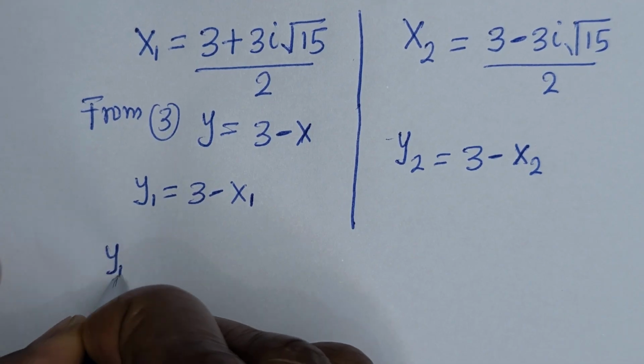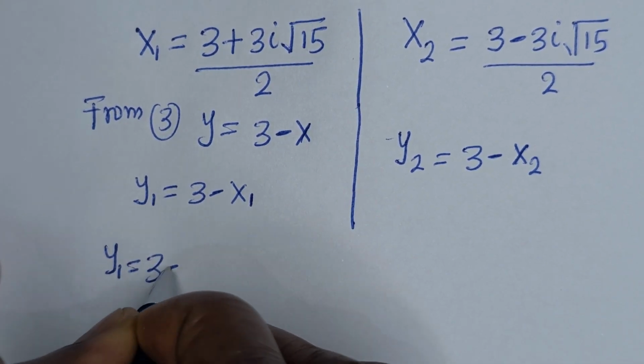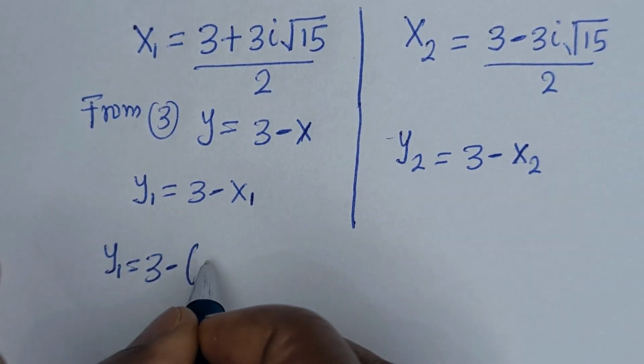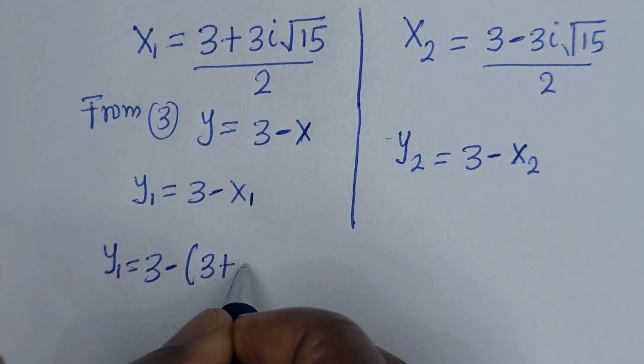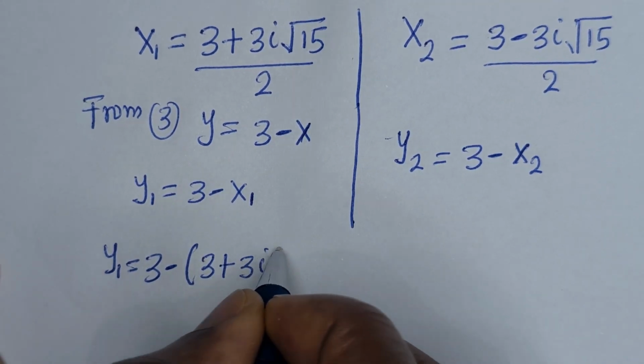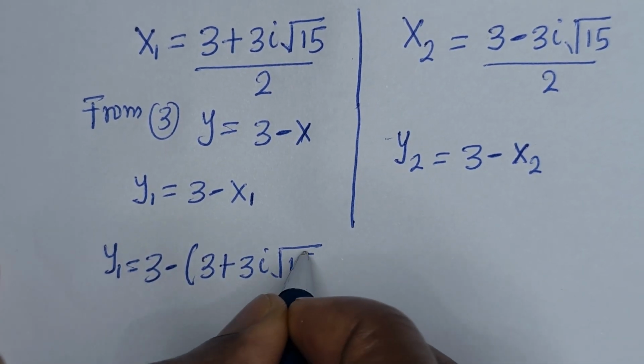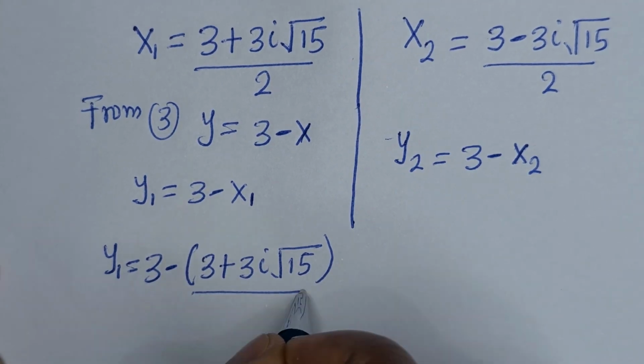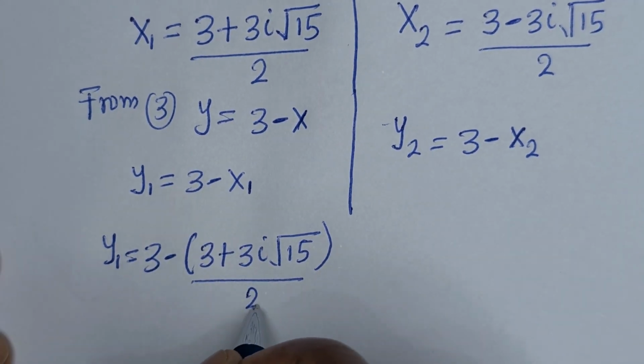Here, y1 is equal to 3 minus x1, which is 3 minus bracket 3 plus 3i square root of 15 bracket over 2.